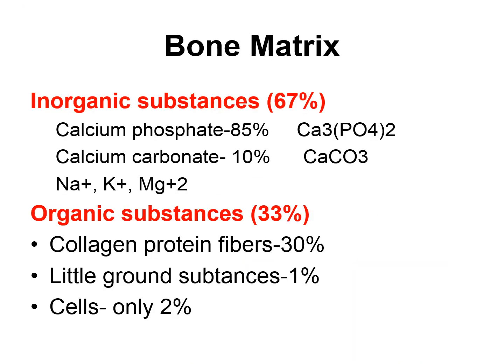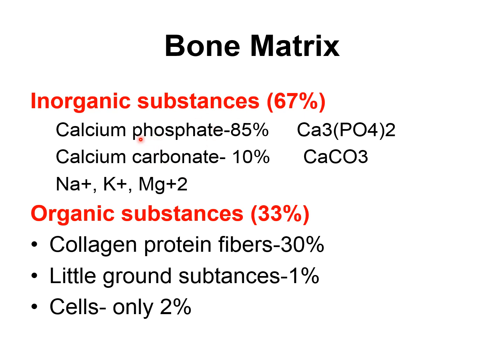Bone matrix is made up of two main substances. Inorganic substances make up 67% of the bone matrix, and organic substances make 33%. The inorganic substances are calcium phosphate, calcium carbonate, and ions of sodium, potassium and magnesium, and most of these are calcium phosphate.